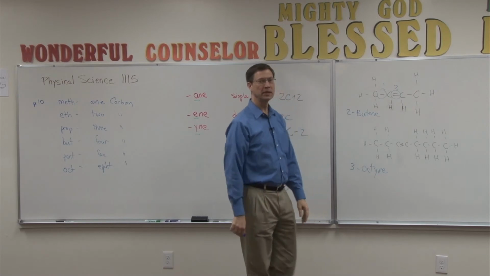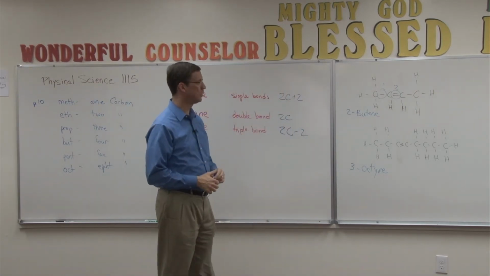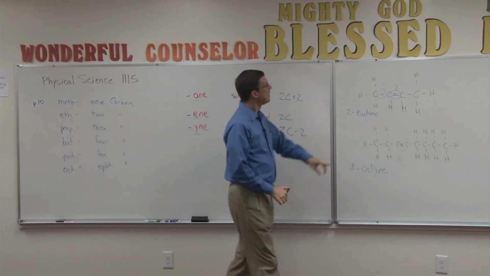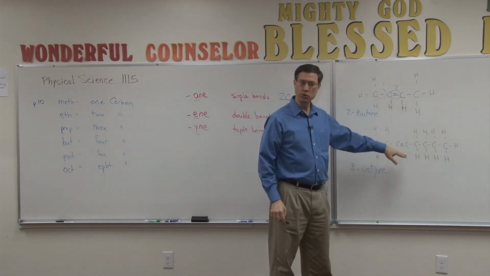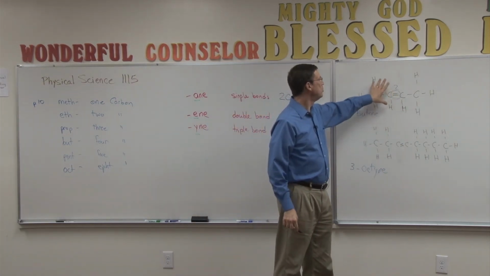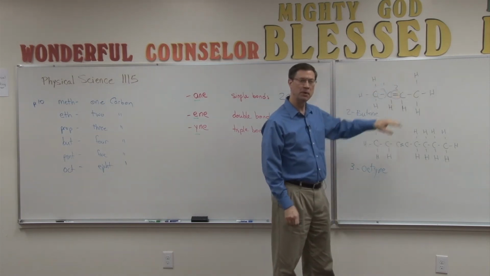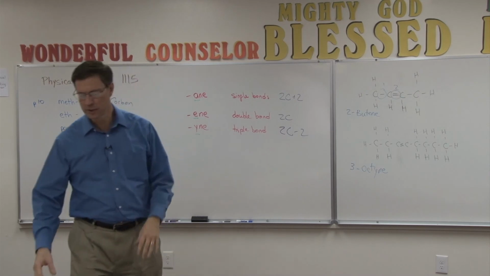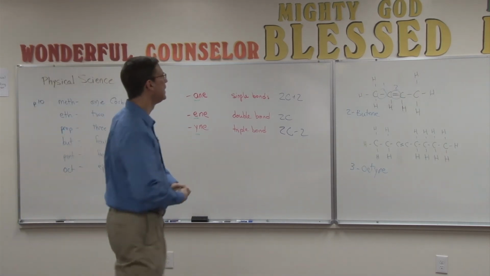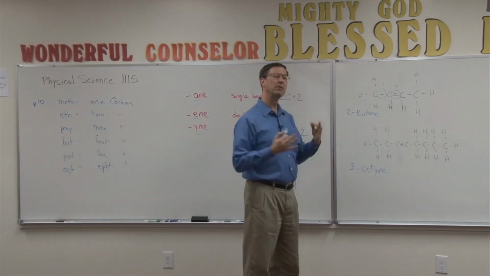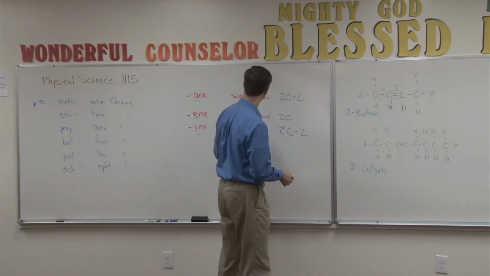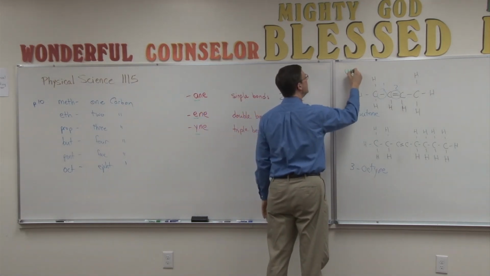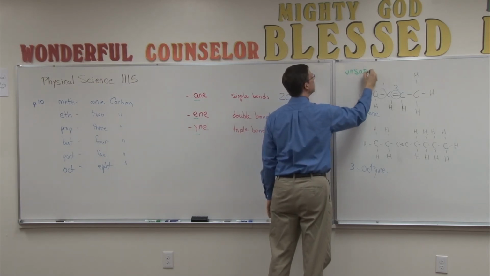Now, one other thing that this section of the PACE talks about that I just want to clarify for you: if there are ever double or triple bonds, then we do not have the maximum number of hydrogens. If we do not have the maximum number of hydrogens possible, which means it's not an ane, then we say it is unsaturated.